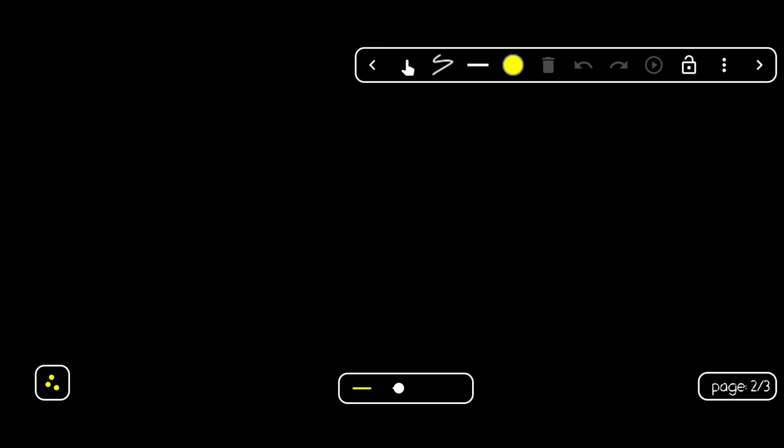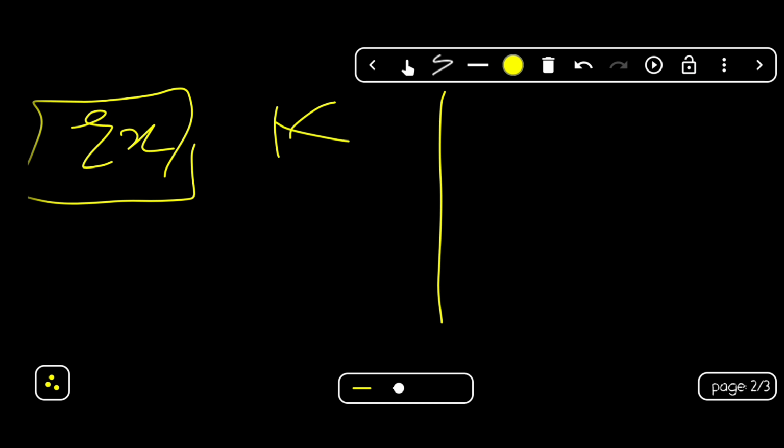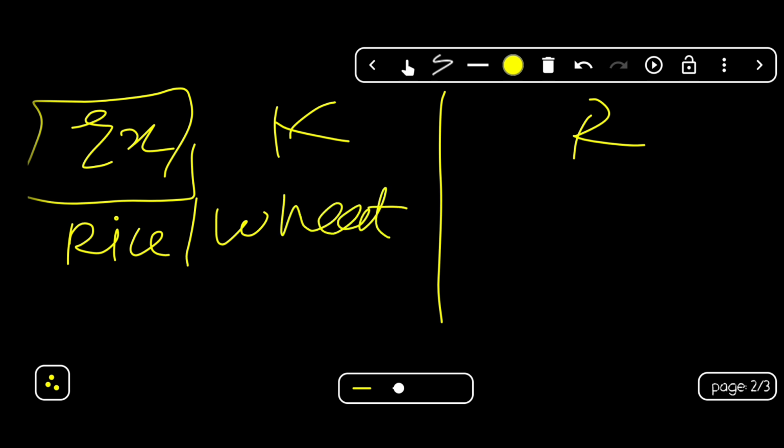Now we are giving examples of Kharif and Rabi. Kharif crops are rice, maize, groundnut, green gram. Sorry, I made a mistake here.